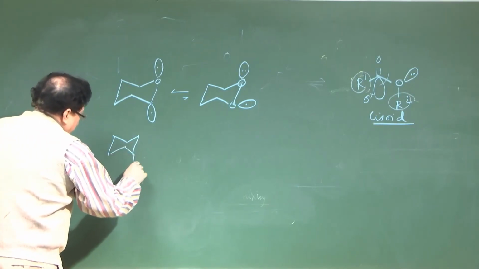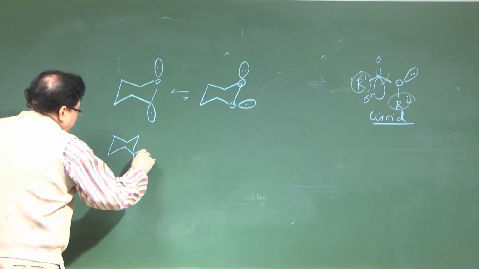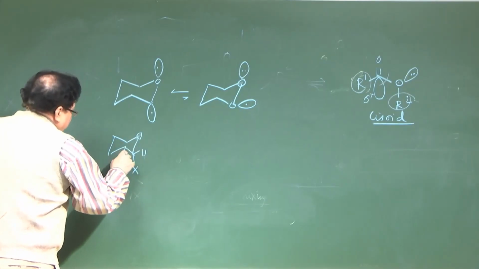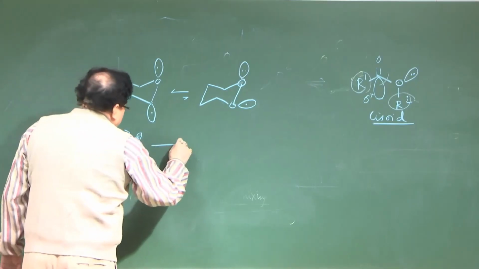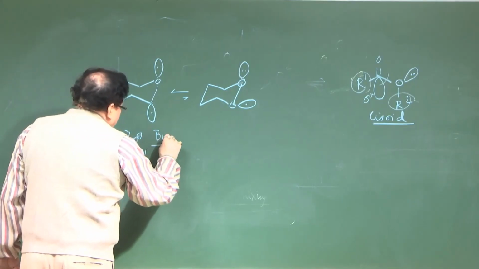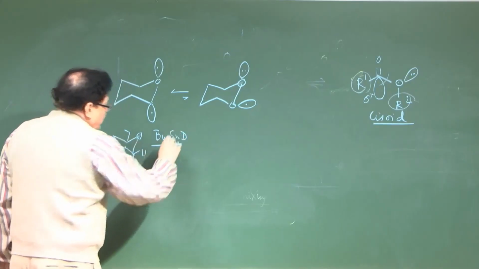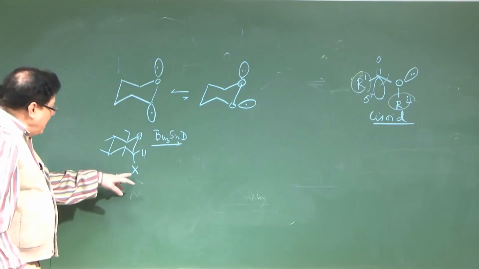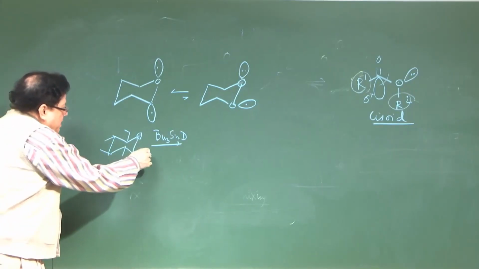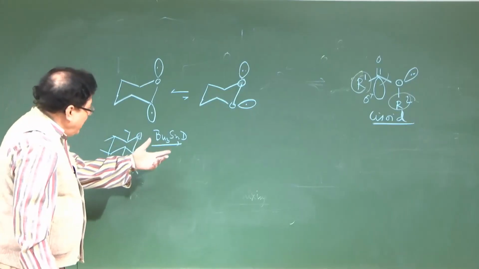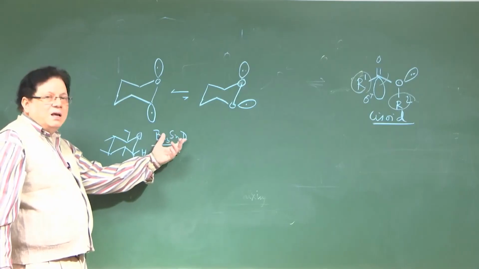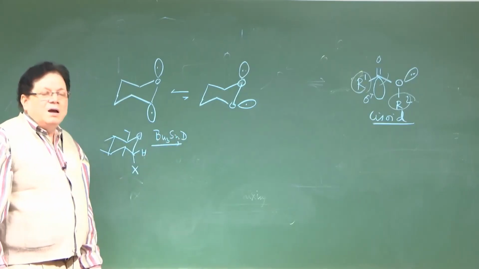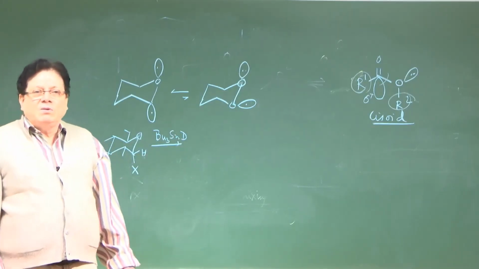this molecule, an equatorial X, and then it is a sugar moiety, and reducing it with tributyl tin deuteride. Okay. You know that any halogen can be reduced and replaced by hydrogen with tributyl tin hydride. If it is tributyl tin deuteride, then deuterium will replace the X. Okay.